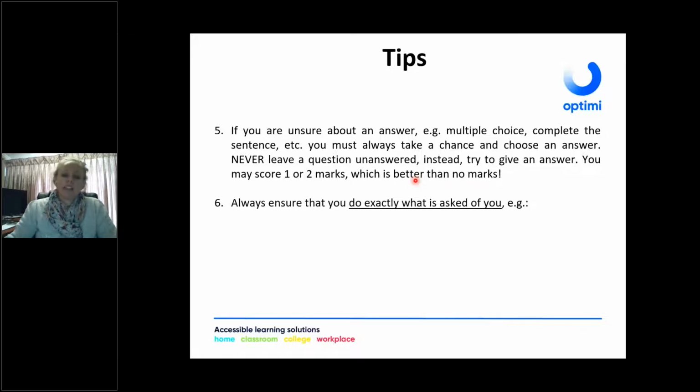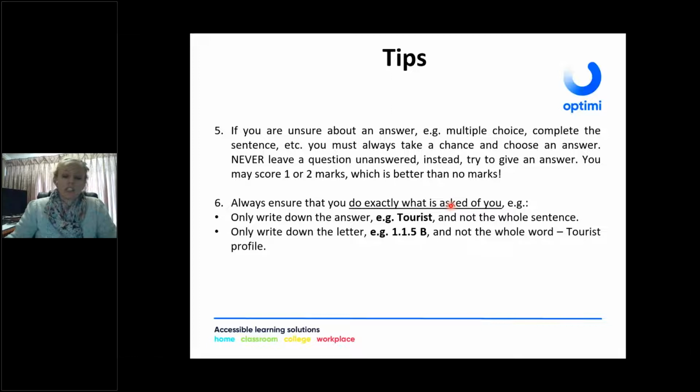The next step is to ensure that you do exactly what is asked of you. So make sure that you follow the instructions that are given or that is asked from you. The first thing is, if they ask you to write down only a word, make sure that you only write down the word and not the full sentence, because you will only receive a mark for the word. The next one is specifically with regards to multiple choice.